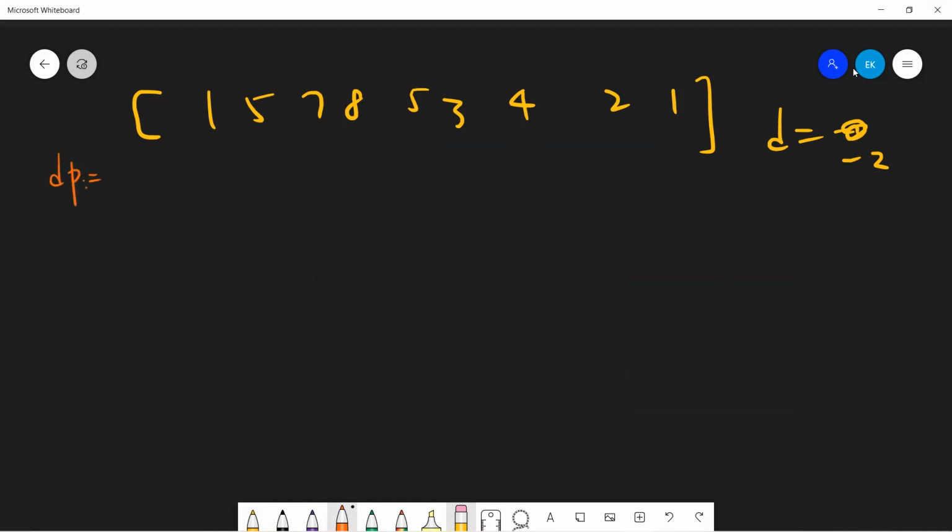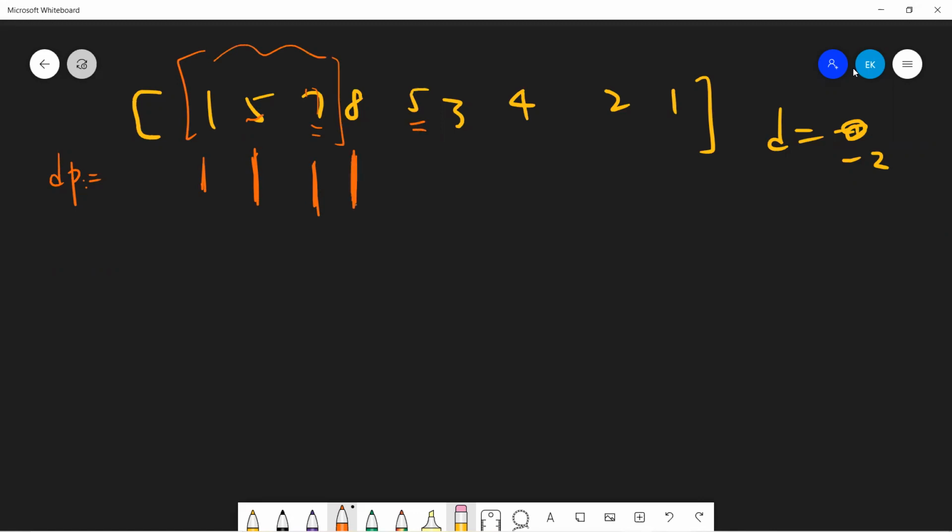The 1: 1 minus -2 is 3, which is not in DP, so I initialize it at 1. And the 5: 5 minus -2 is 7, which doesn't exist, so I say 1. And the 7: 7 minus -2 is 9, which doesn't exist either. And the 8: 10 doesn't exist.